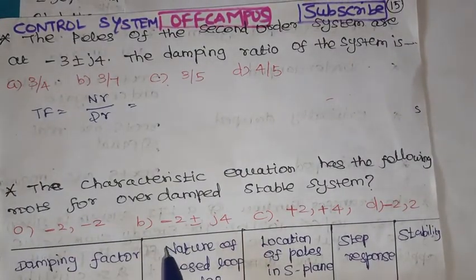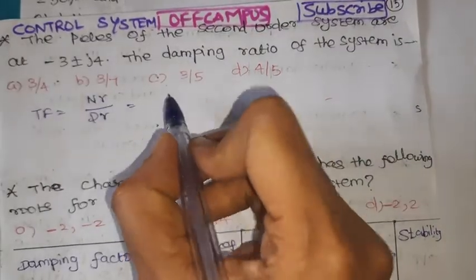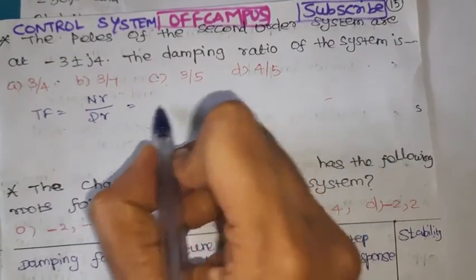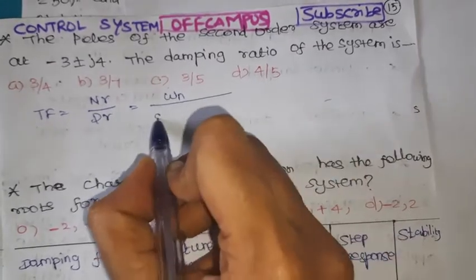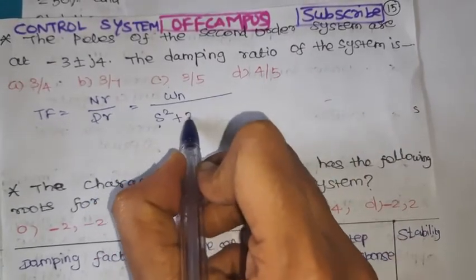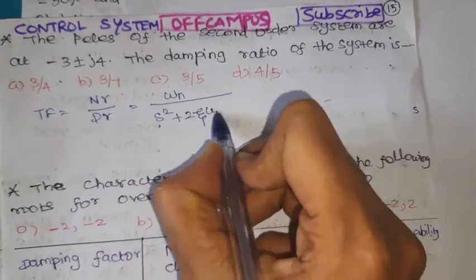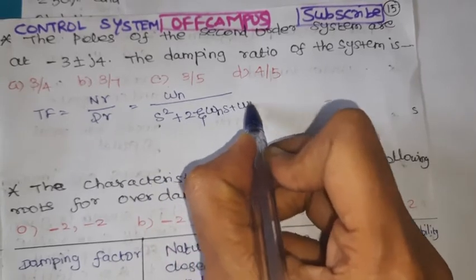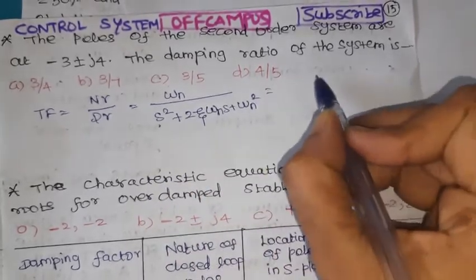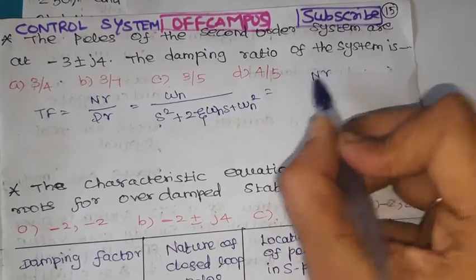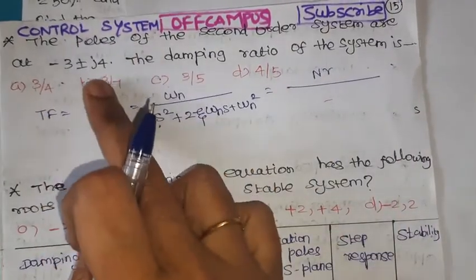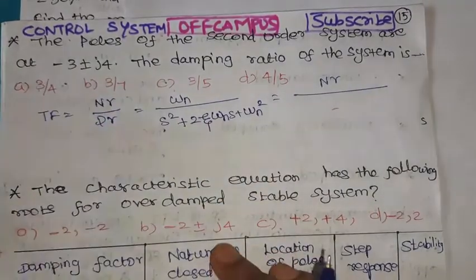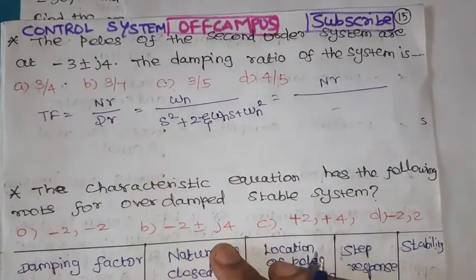A standard second order transfer function is omega n squared divided by s square plus 2 zeta omega n s plus omega n squared. We don't know what the numerator term is, but the pole location denotes the denominator part of the transfer function.